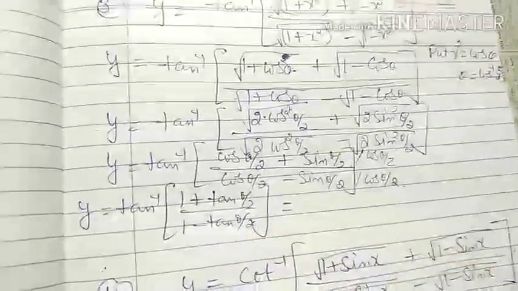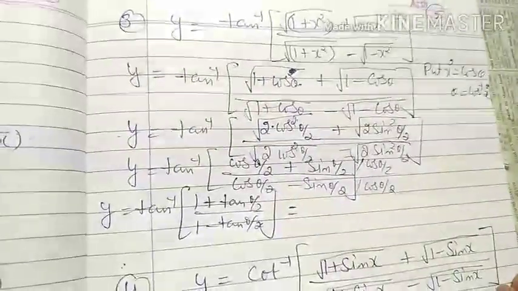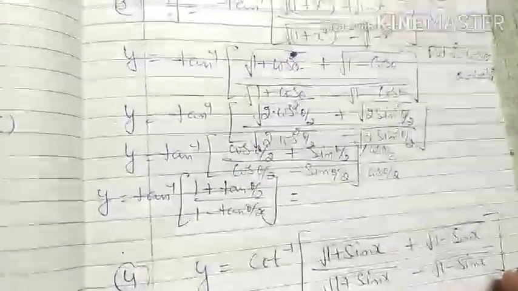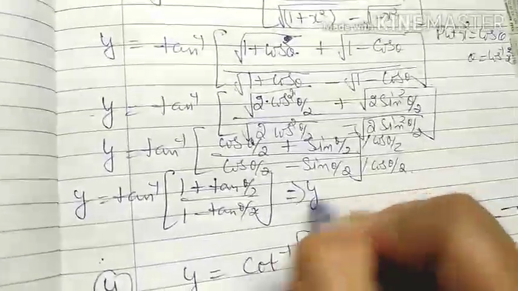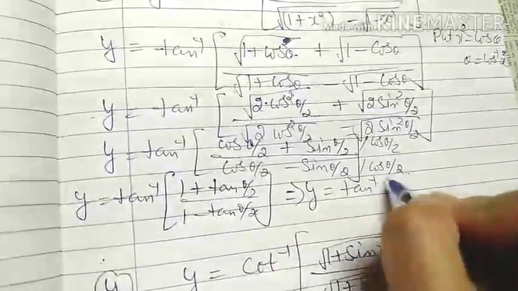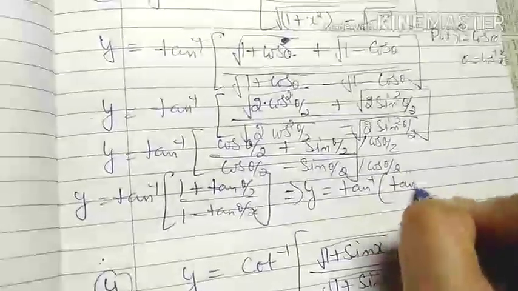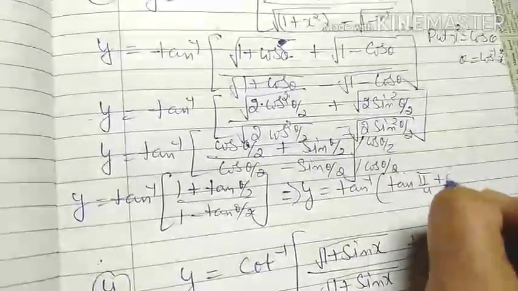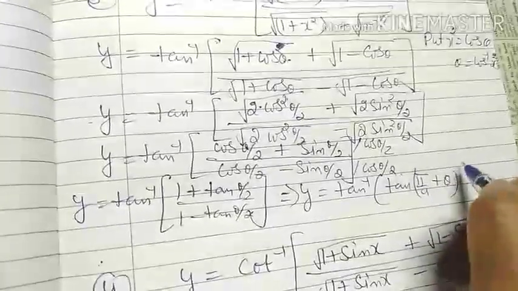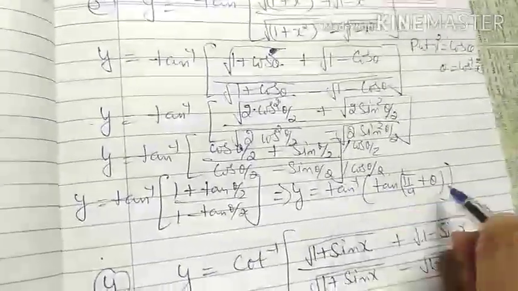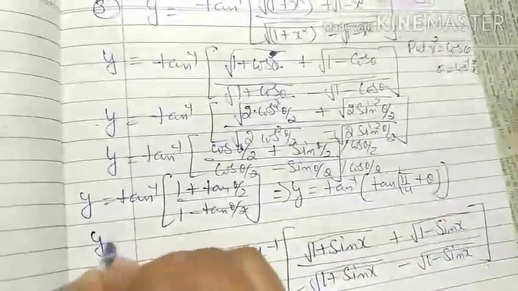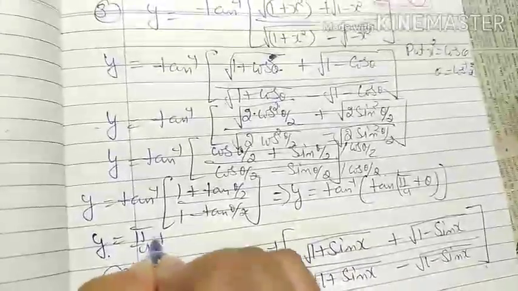Now I have the formula: 1 plus tan theta upon 1 minus tan theta is tan of pi by 4 plus theta. So y equals tan inverse tan pi by 4 plus theta. The last negative sign was upside down, so that becomes negative. Now tan is cancelled, so what is left? y equals pi by 4 plus theta.